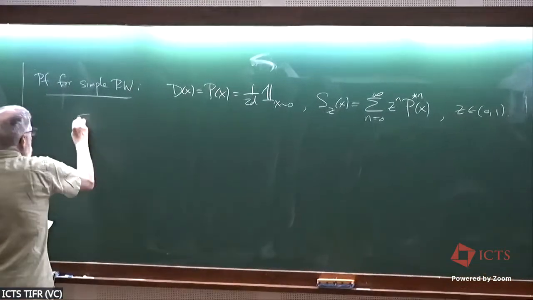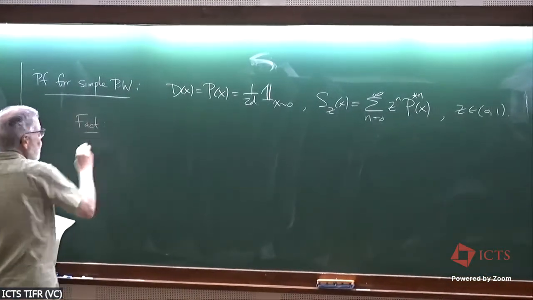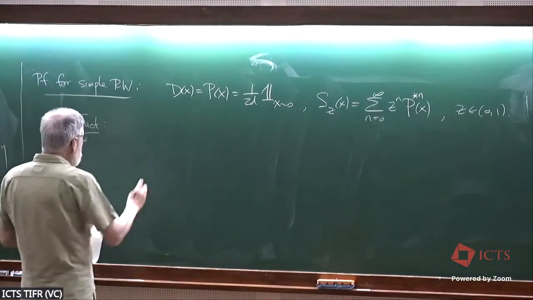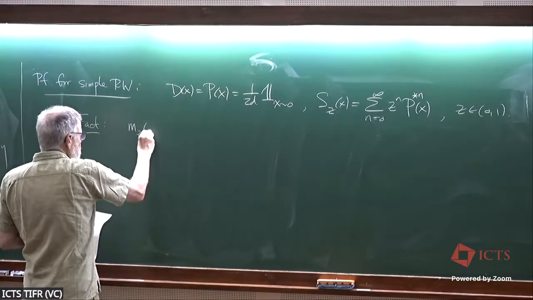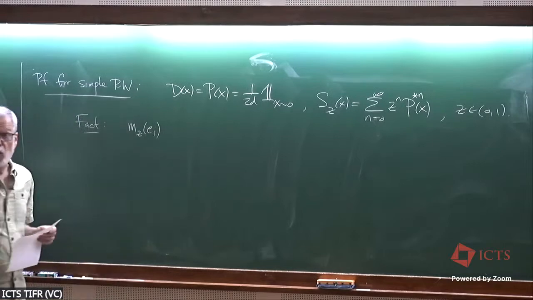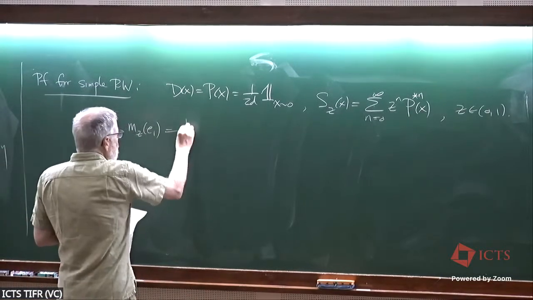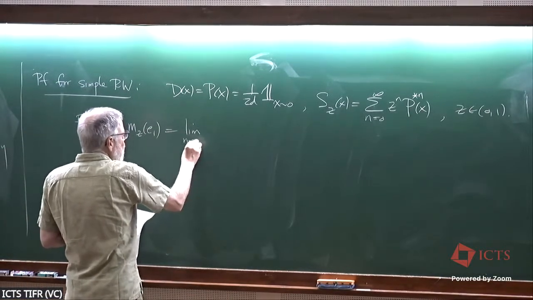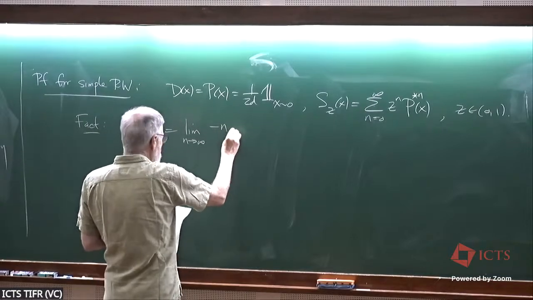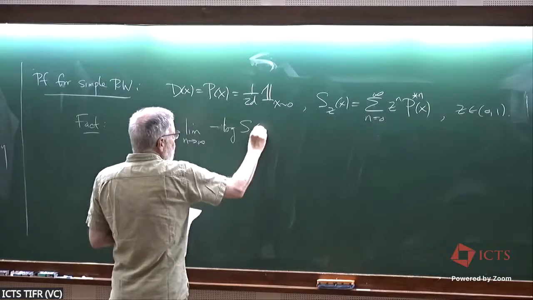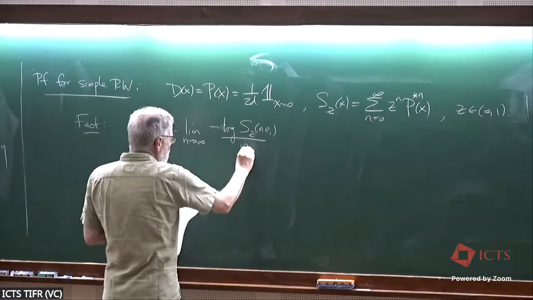So here's a fact that's not hard to verify, but in the interest of time, I won't do it here: you can compute this limit, this m(z)e1, exactly. The definition is the limit as n goes to infinity of minus the log of S_z(n e1) divided by n.